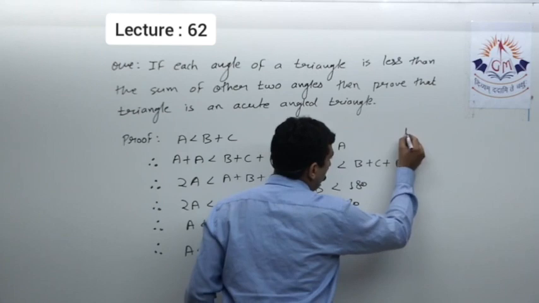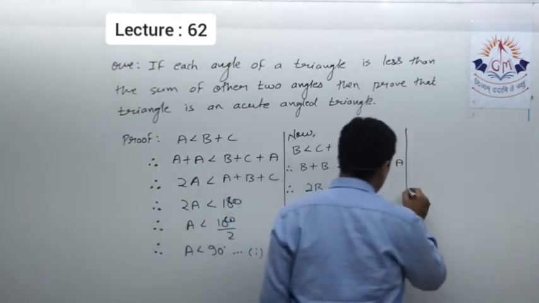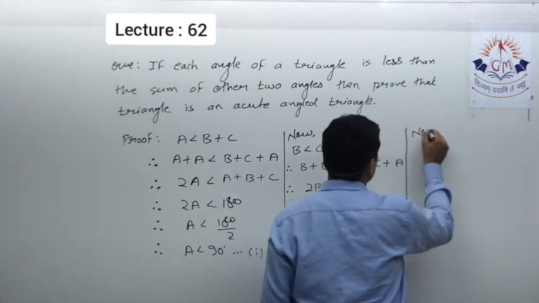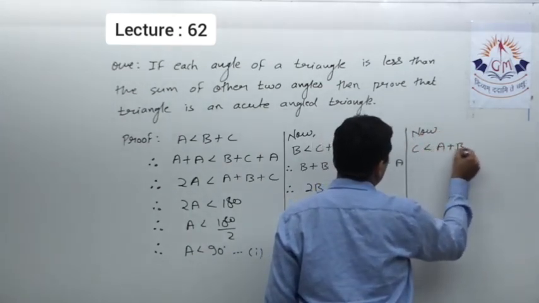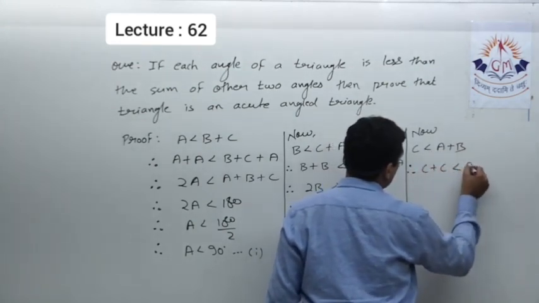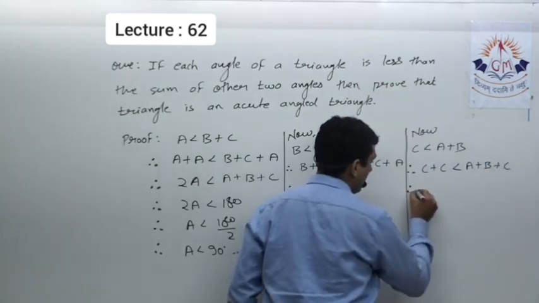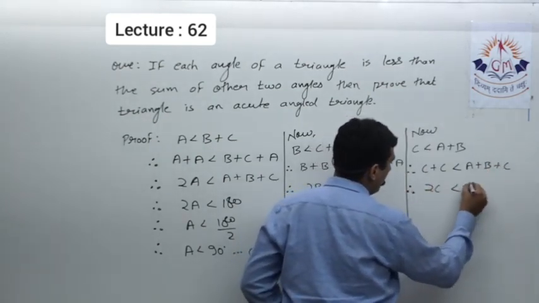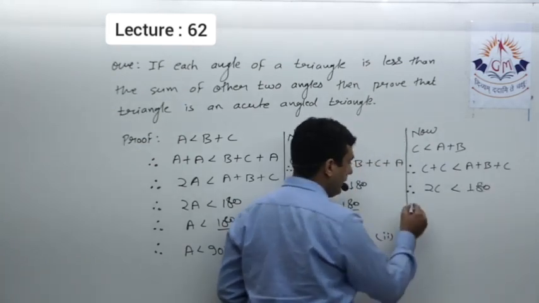Now, in a similar way, I will prove that C is less than 90 degree. So now, C is less than A plus B. So this time I add C on both sides. So that gives me A plus B plus C on the right hand side. So now twice of C is less than 180 degree, because A plus B plus C equals 180.